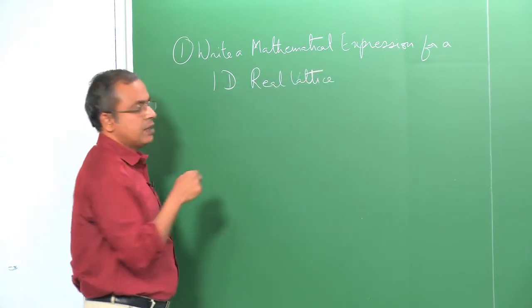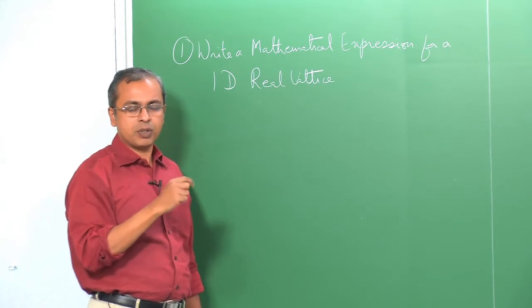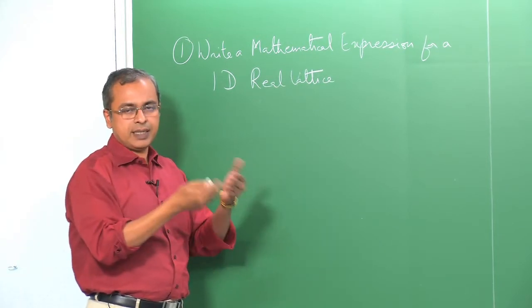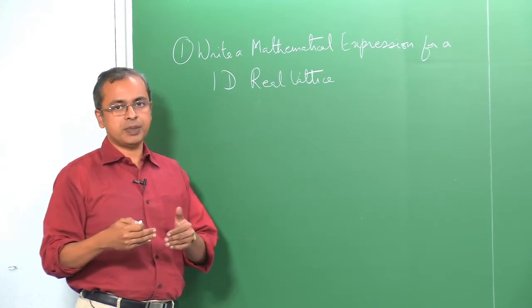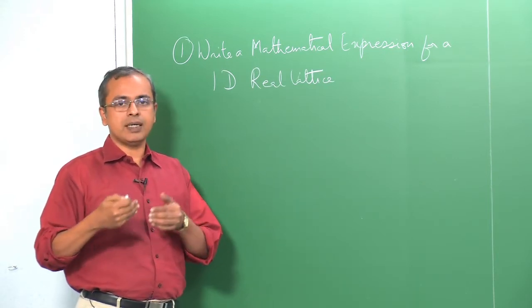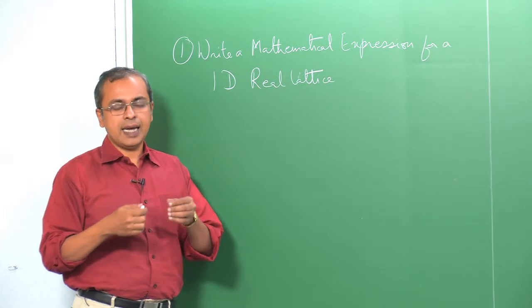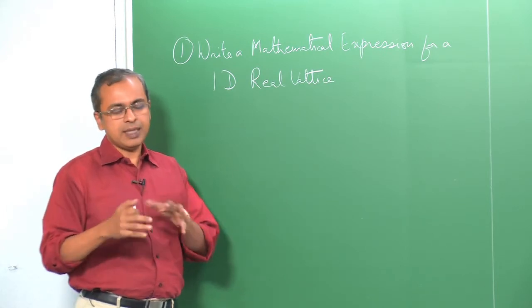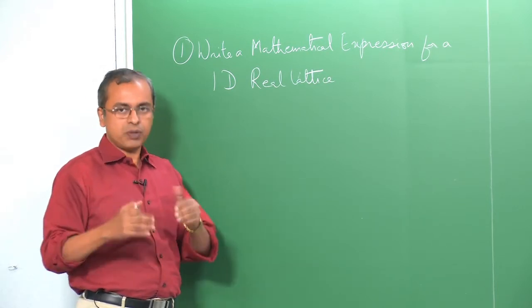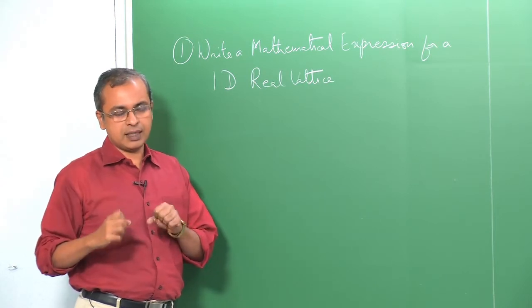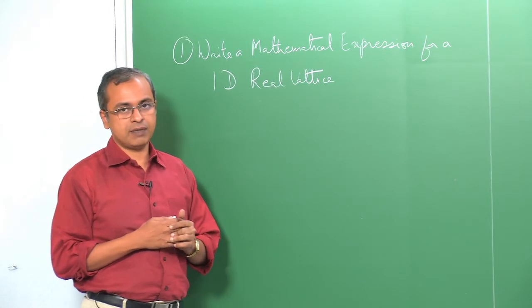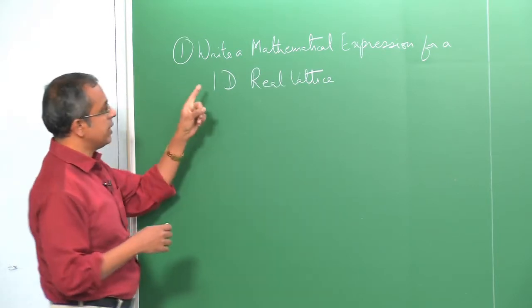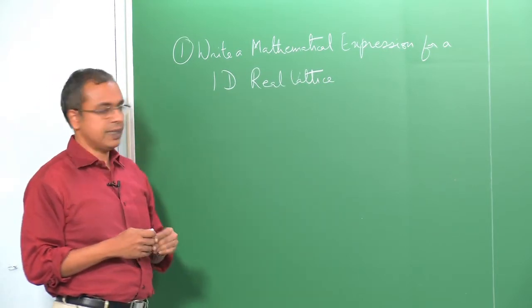We do need a mathematical expression for a 1D real lattice, because it is using that expression that we are going to do further analysis and arrive at an expression for the corresponding reciprocal lattice. And then we are going to see that whatever reciprocal lattice comes out is a Fourier transform of this lattice that we have started out with. Okay, so we need to write a mathematical expression for the 1D real lattice.